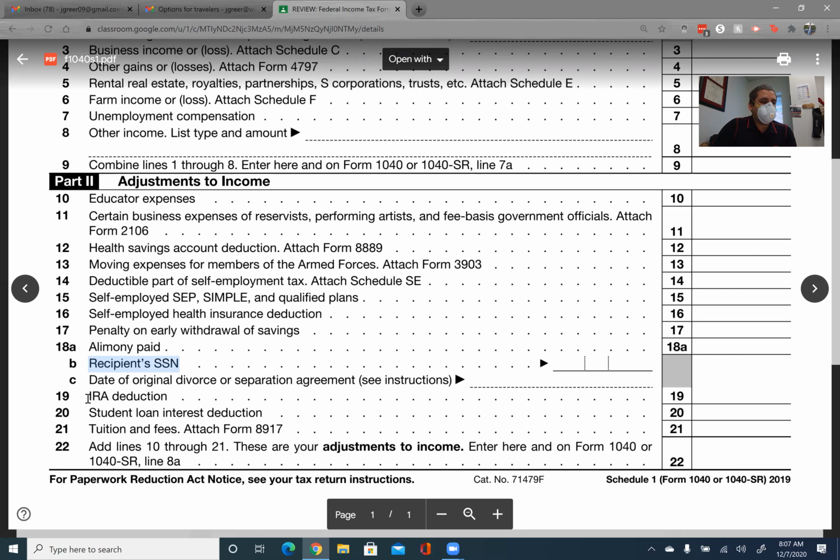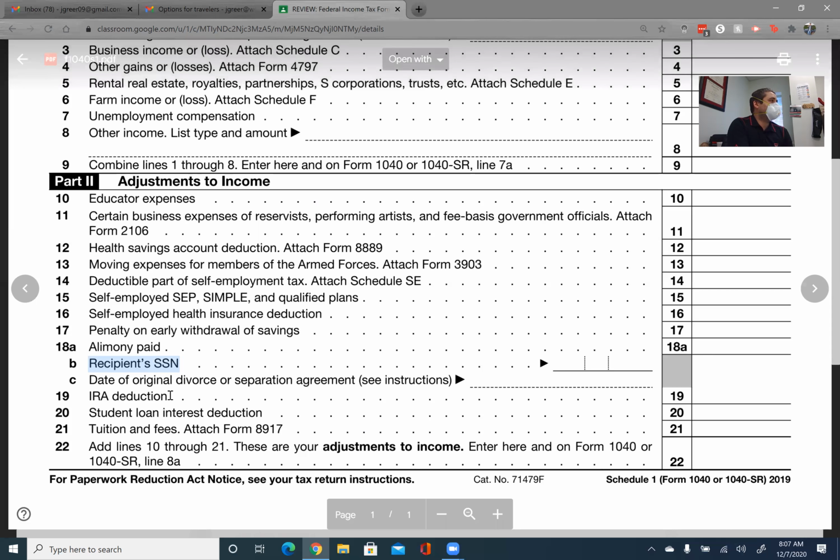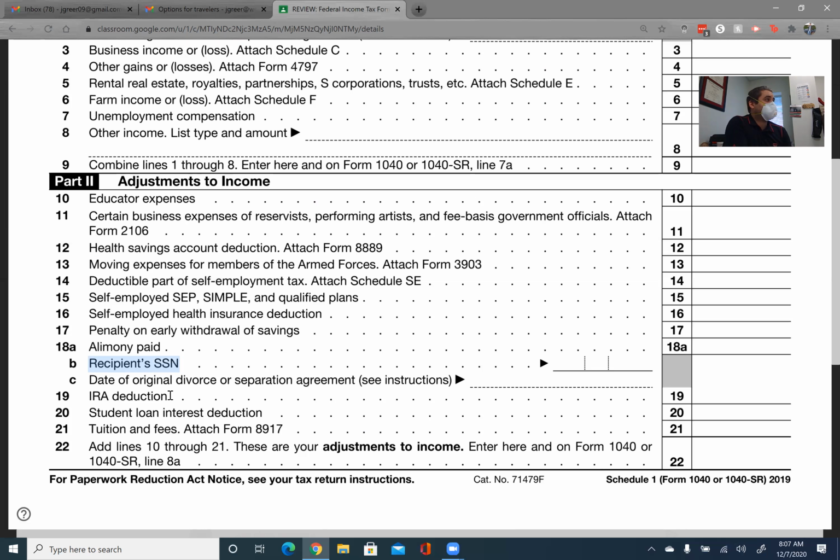Okay, here we go. 19, IRA deduction. So if someone has made a contribution to their IRA and it's just to a traditional IRA, can you deduct for a Roth IRA? It's after tax money, so no, you don't deduct, because you're paying taxes on that money that you're putting into a Roth.